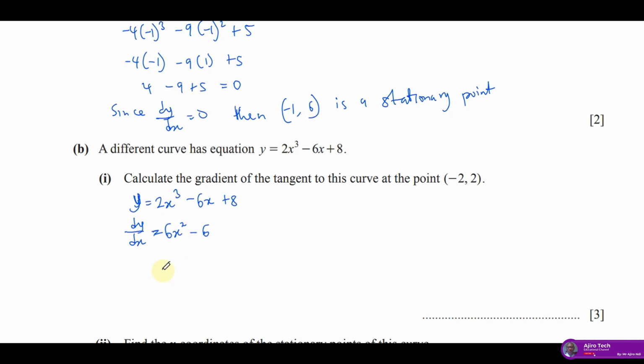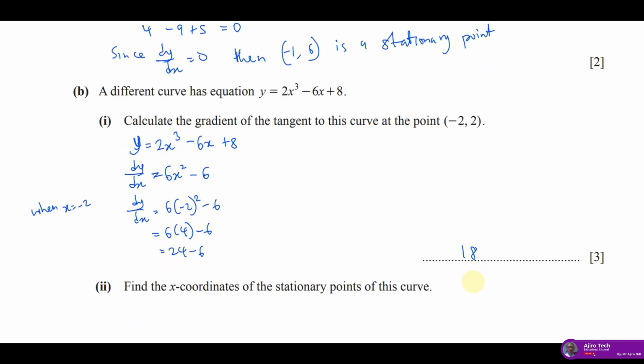So now, to look for the gradient, we use the gradient function, dy/dx. So when x equals -2, dy/dx becomes 6 into -2 squared minus 6. 6 into 4 minus 6, 24 minus 6, that should be 18. 18 should be the gradient at that point.